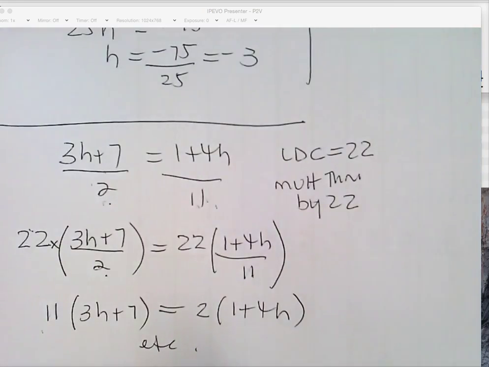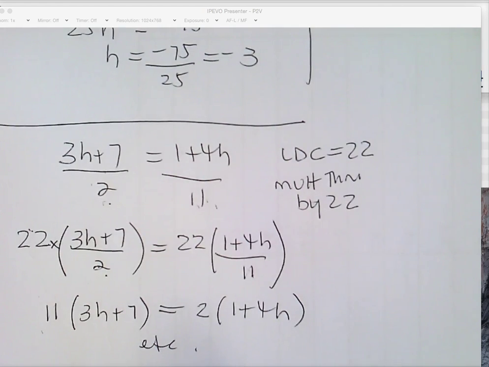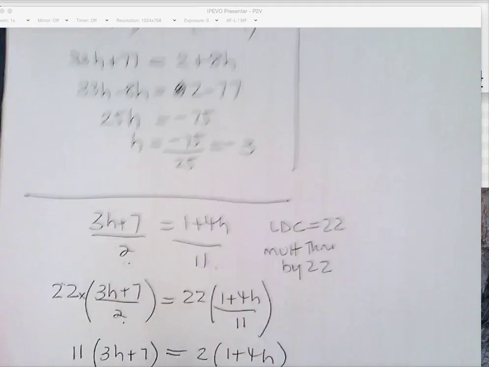Okay, so can you see multiplying both sides by the lowest common denominator will always work? Cross multiply only works for one type of question. Fraction equals fraction. So, you know what to do from there. It's the same question now. Do you get it? Get the idea? All right, let's go back.